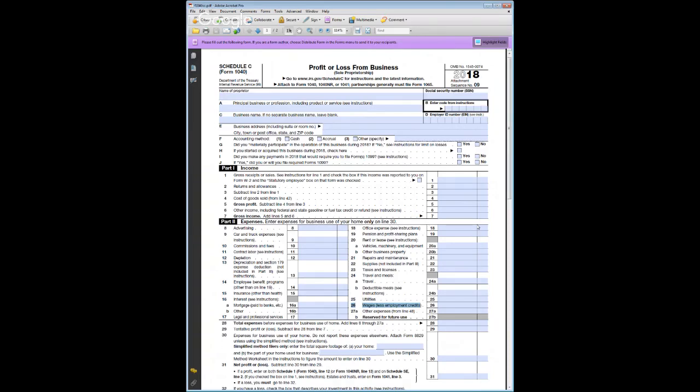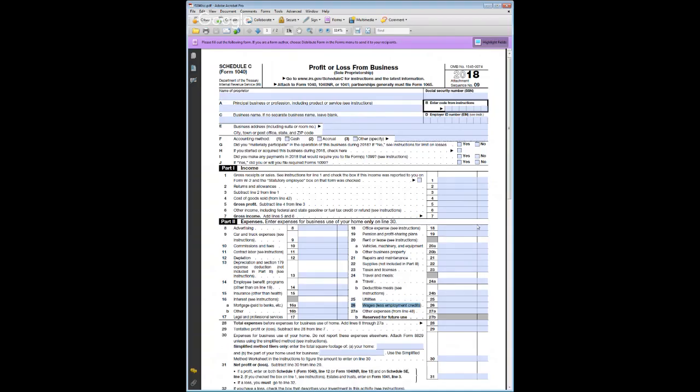You pay federal and state income tax as well as self-employment tax based on the net income of your business. Okay. That makes a lot of sense, actually.